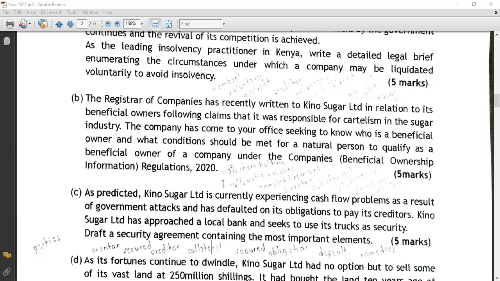Anyone at 10% and above for shareholding and voting rights meets the threshold for beneficial ownership and for disclosure of the natural person. So that is the correct answer.